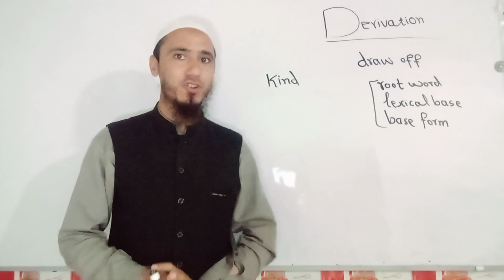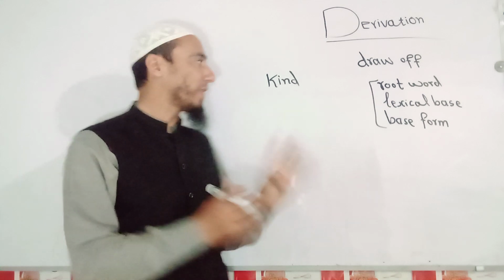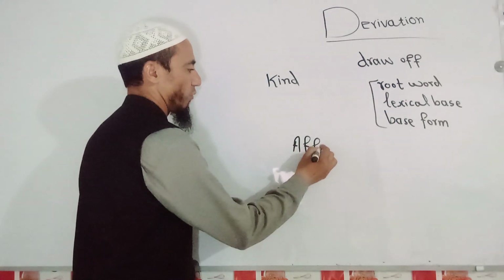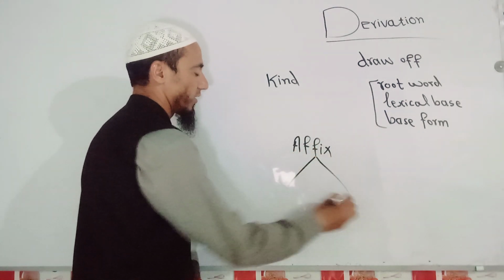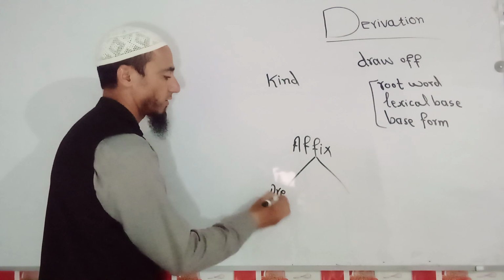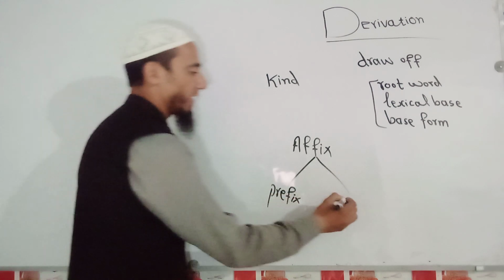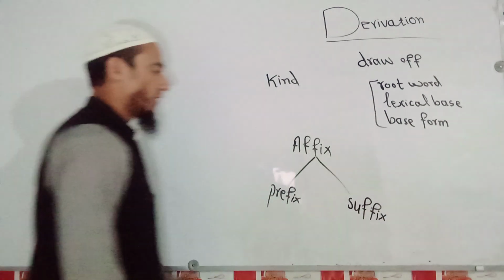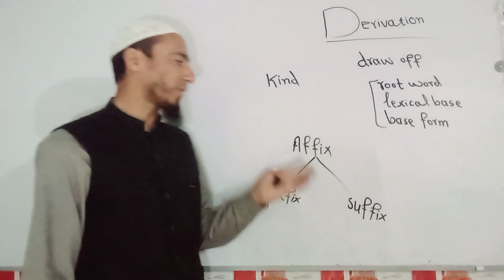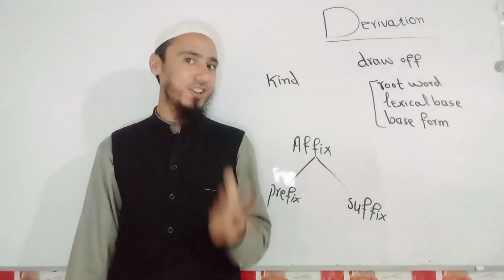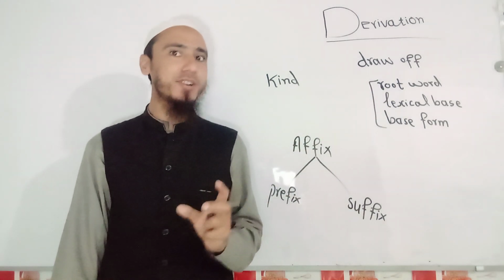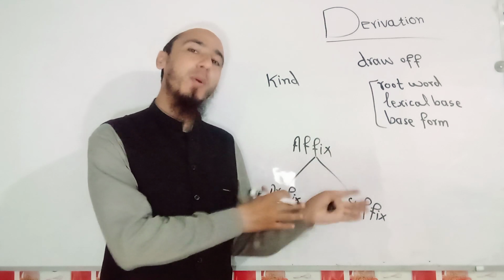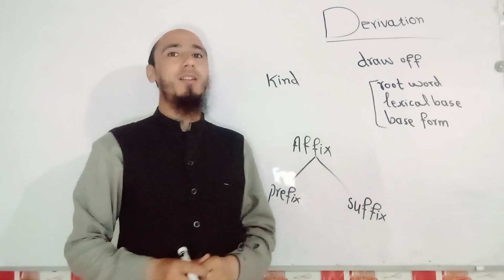So this is the definition of affix. And then we have two types of affix. The first one is prefix, and the next one is suffix. So this definition would be very easy for the listener: affix is a letter or a group of letters which come at the beginning of a word or at the ending of a word.